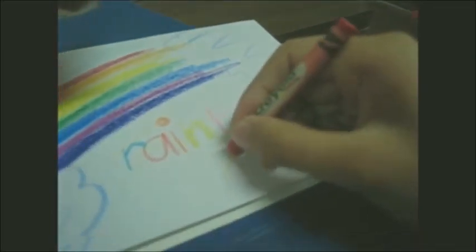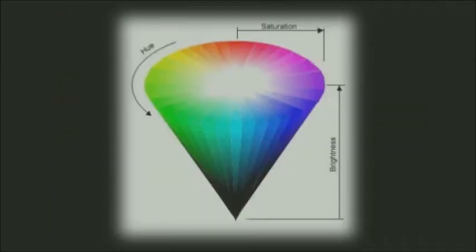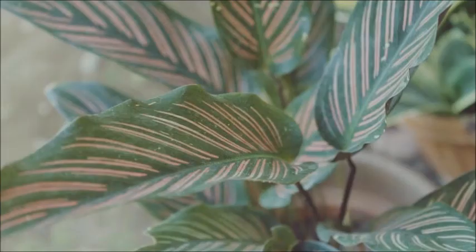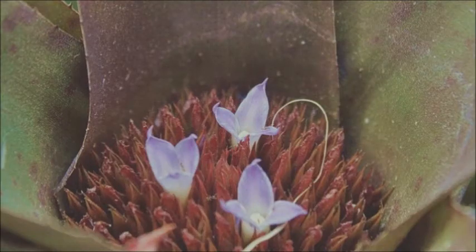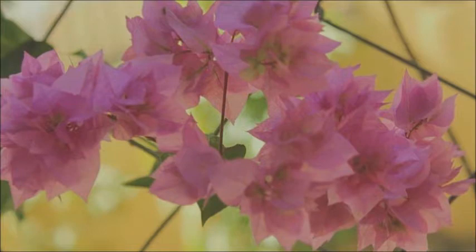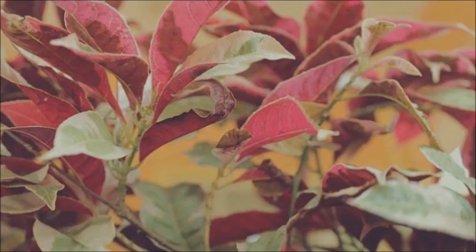The dimensions of color. There are three psychological dimensions of color: hue, brightness, and saturation. What is hue? What we usually refer to as color is hue. We recognize a change in hue as color change.